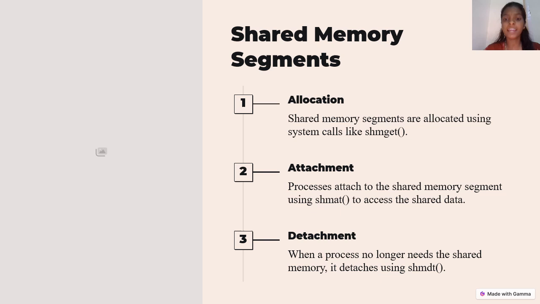And the next is attachment. Processes attach to a shared memory segment using shmat to access the shared data. And the next is detachment. When a process no longer needs the memory, it detaches using shmdt.